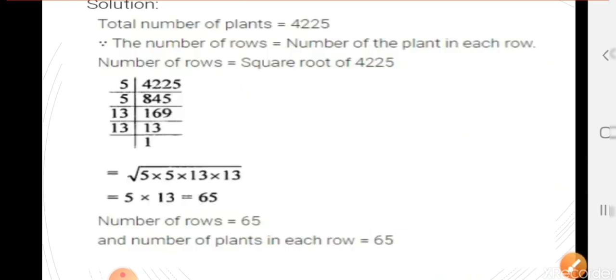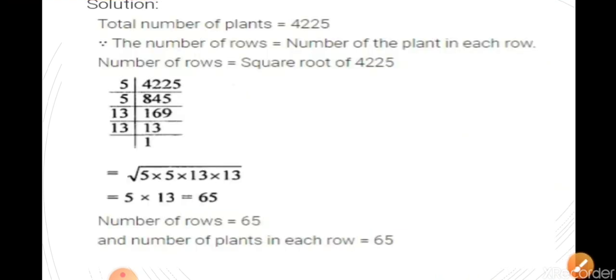So simply we will take out prime factorization. Total number of plants is 4225, and the number of rows is equal to the number of columns in the garden. When we take out prime factorization, the number of rows we will get is 65 and the number of plants in each row will be 65. So the answer will be 65.